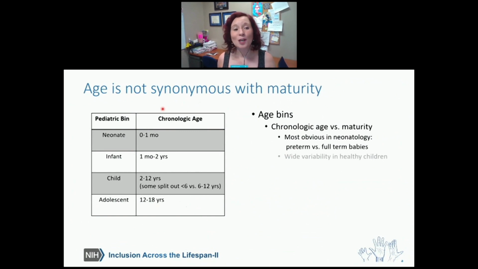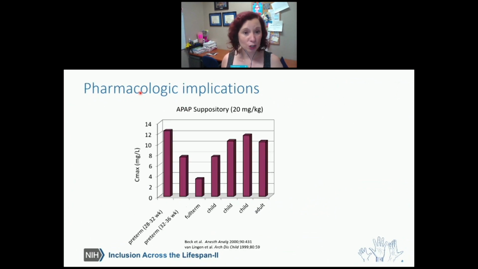This is perhaps best illustrated in the neonates and infants, where there's tremendous variability between infants born term versus preterm. The differences in their physiology due to prematurity can have significant implications for pharmacology trials.